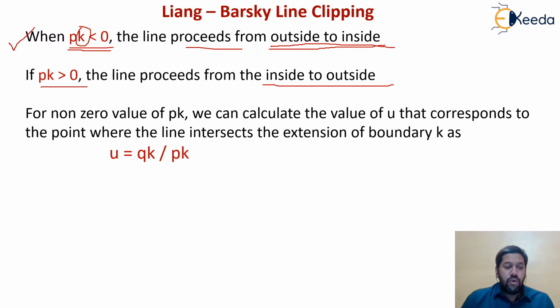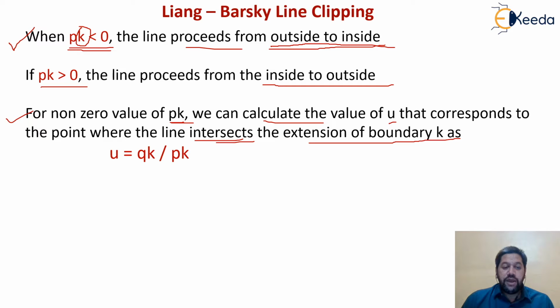Now for a non-zero value of pk, we can calculate the value of u that corresponds to the point where the line intersects the extension of the boundary k. So here we are trying to find the intersection point for the non-zero values of pk.